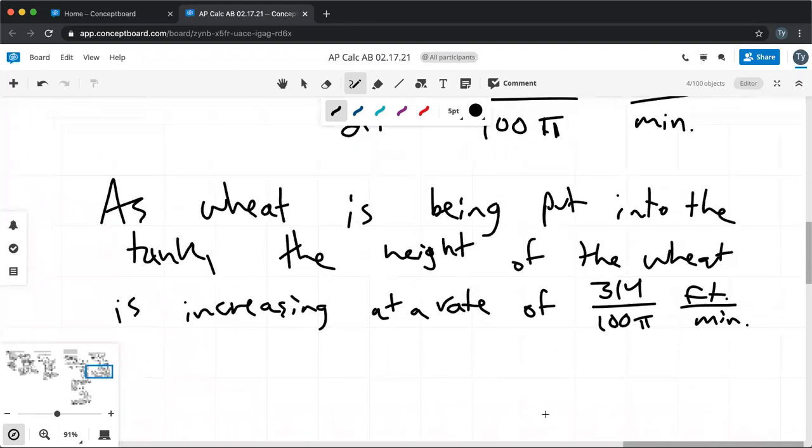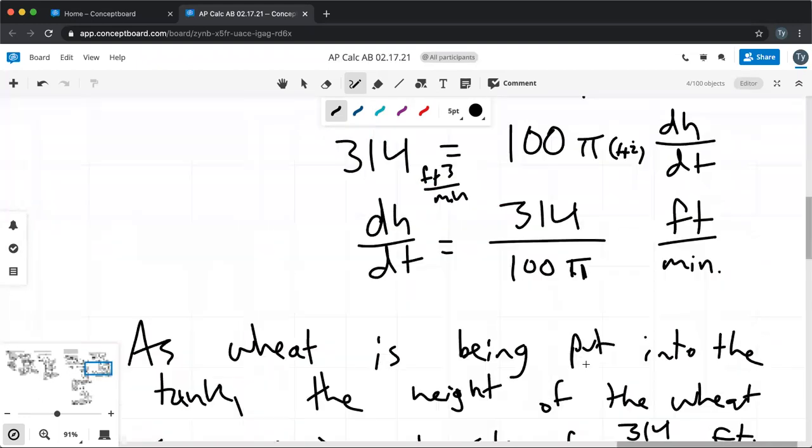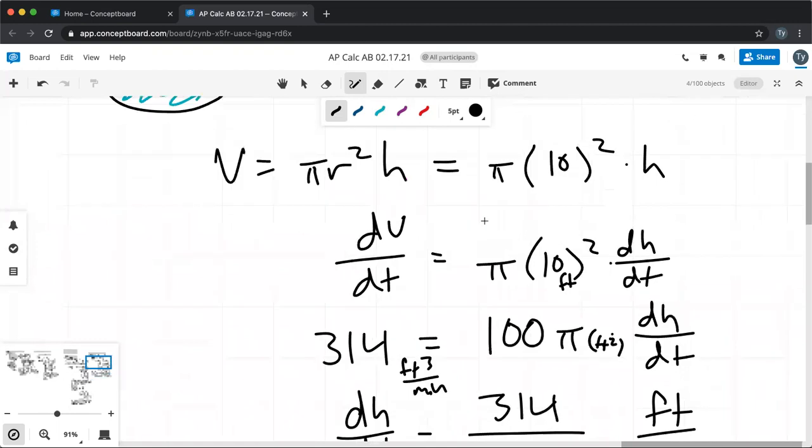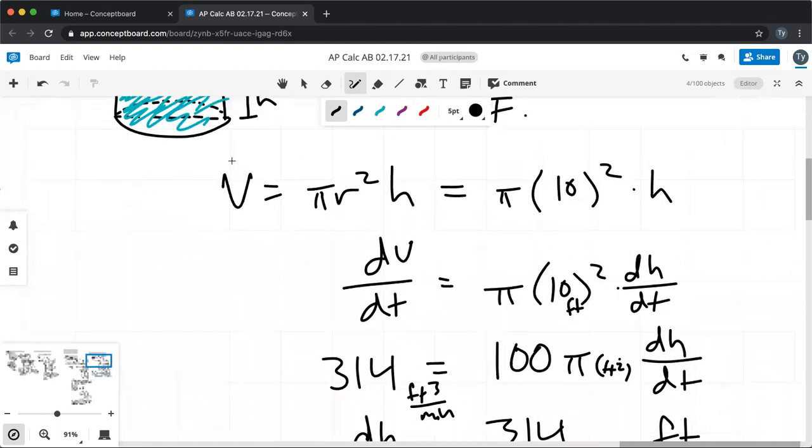Another thing to notice here is similar to the shadow problem, right? This formula here is not a linear function, right? We have r squared and we have h, but remember we plugged in something for r and we got this little intermediate step here, right? This is just a constant times a variable.